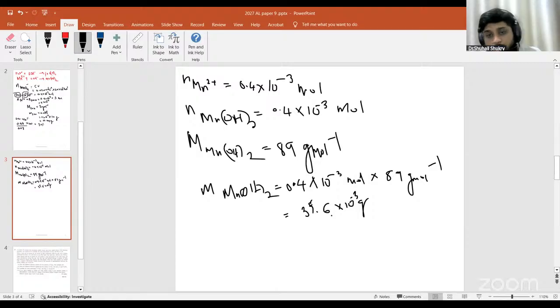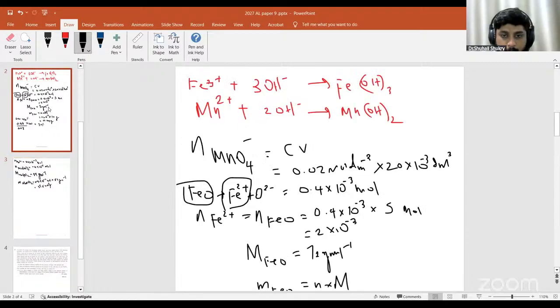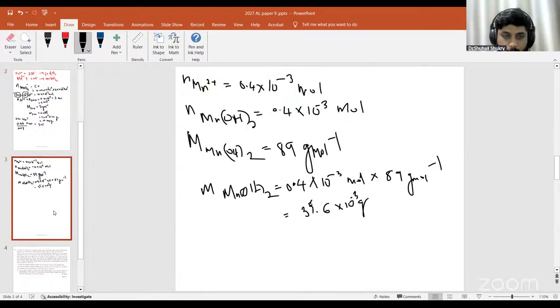If you know the manganese hydroxide grams, you can also find the Fe2+ moles. What is the Fe2+ moles? Fe2+ moles is 2 into 10 to the minus 3 mole. The same thing will be the Fe3+ moles. Whatever Fe3+ is produced is also 2 into 10 to the minus 3 mole, and that is equal to Fe(OH)3 moles.